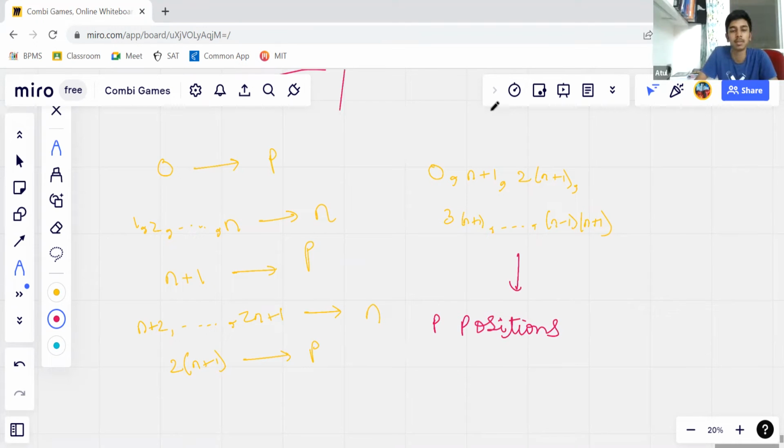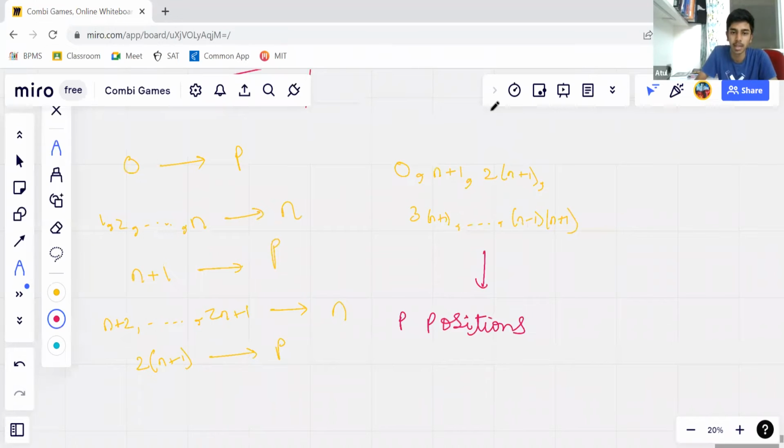You can do this inductively. We can get to n squared minus 1 easily, so essentially the biggest P position is n squared minus 1. So any number at least n squared is an N position, so the first player wins.